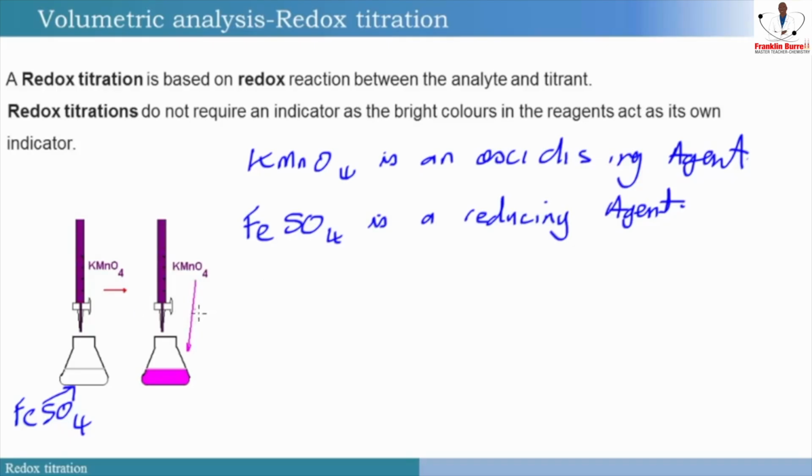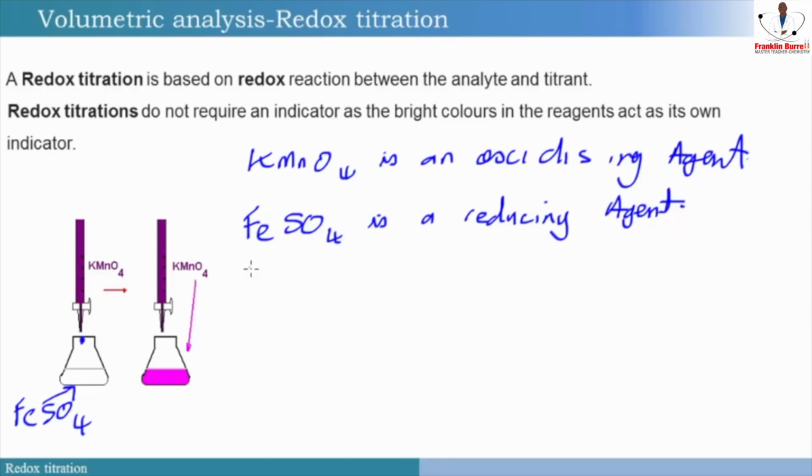So what is happening? Every time you drop a drop of KMnO4 into the solution of iron 2 sulfate, the iron 2 sulfate, being the reducing agent, will cause the KMnO4 to be reduced from purple to colorless or pale pink.